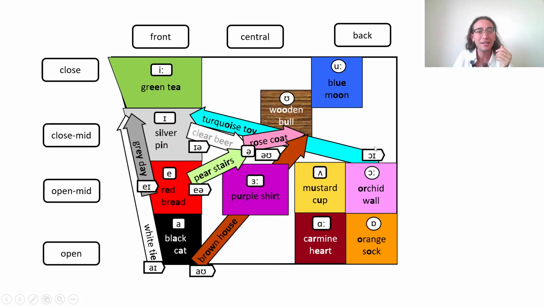I say clear beer. So I start much higher. I start in the E over here. Clear beer. That's my variety of English. Clear beer sounds more Southern English. It also sounds a little bit posher to me. But I specifically grew up learning English in Birmingham in the Midlands, and there we do say clear beer.